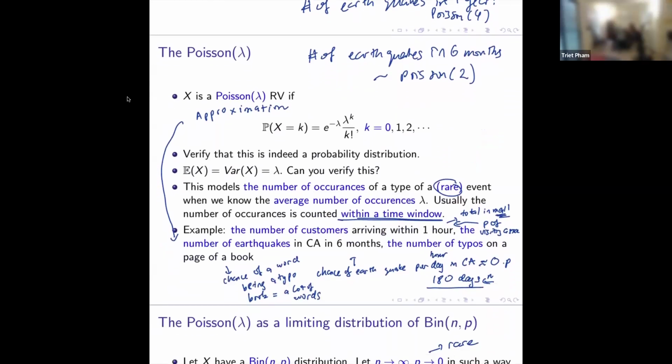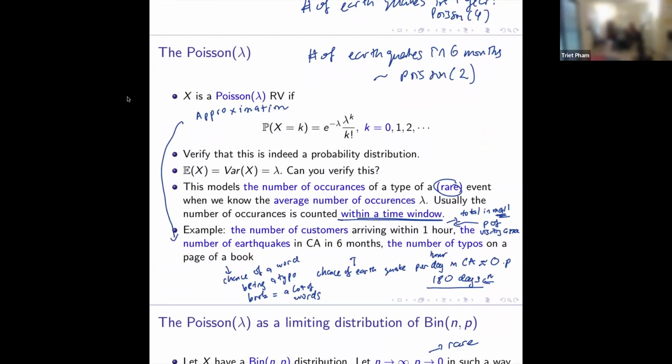But again, this page probably should have a lot of words to make the approximation good. But that's where things are. You have to kind of see. Okay. Any questions here? So that's where rare comes in.